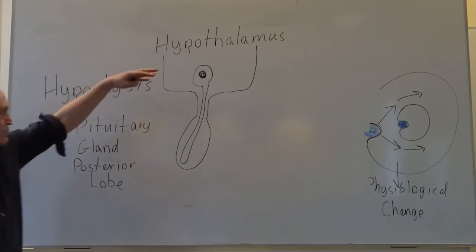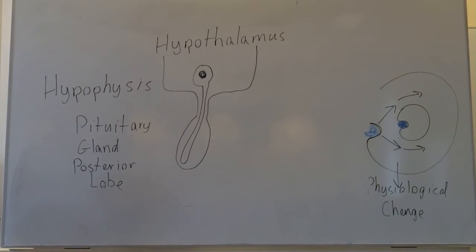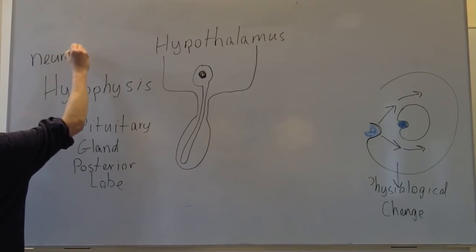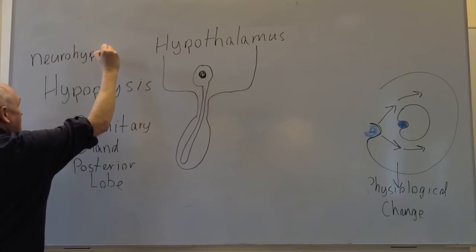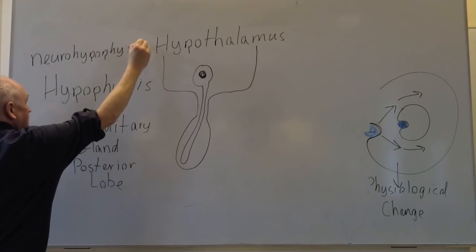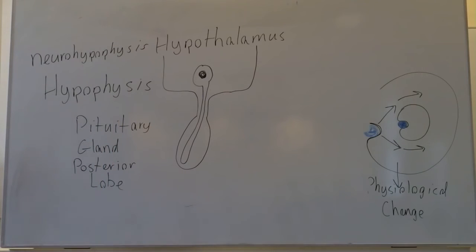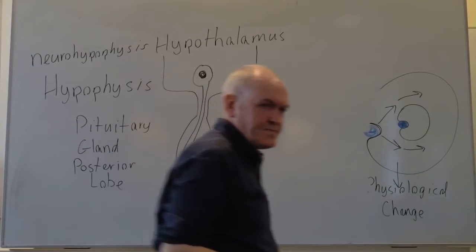The posterior lobe of the pituitary gland is made of neurological type tissue. It's almost like part of the brain. So it's called the neurohypophysis because it's made of neurological tissue.